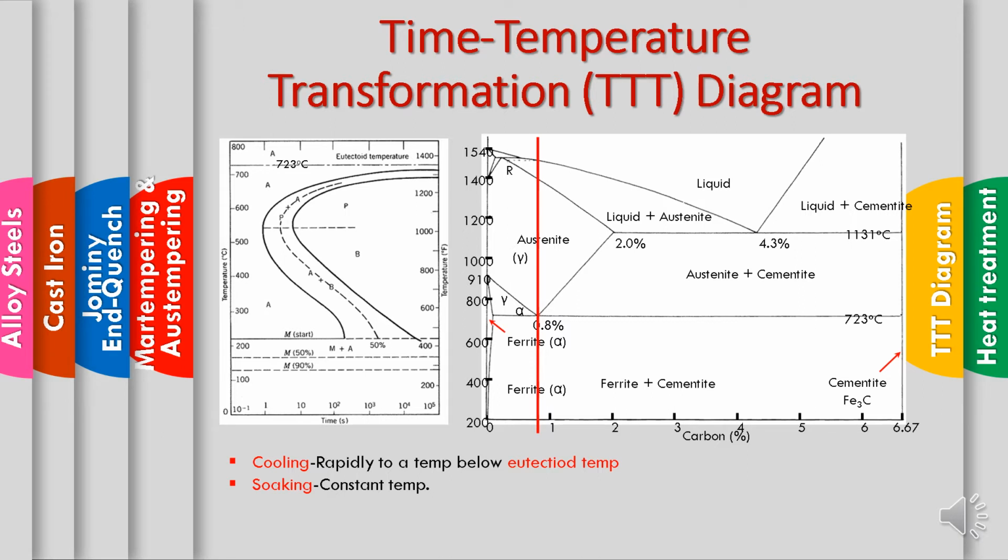As you can see here, we have the eutectoid region at a higher temperature, at 723.